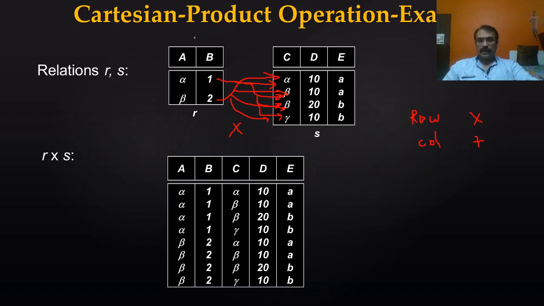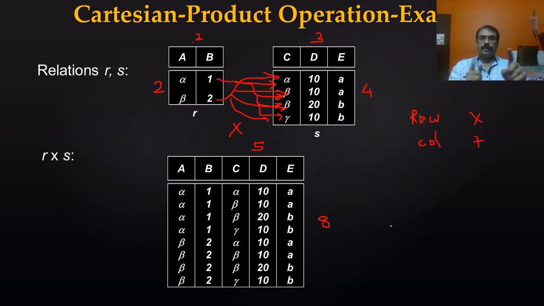Okay, so if R has two columns and S has 3 columns, in total the resultant is going to have 5 columns: A, B from R, and C, D, E from S. And in case R has 2 rows and S has 4 rows, those will be multiplied, resulting into 8 rows in the output.